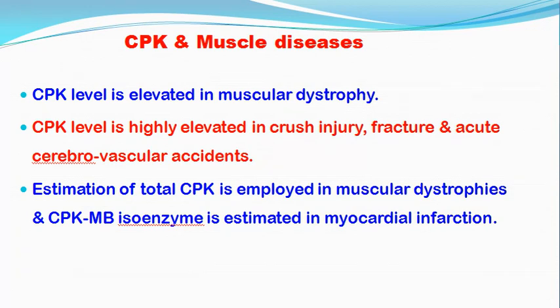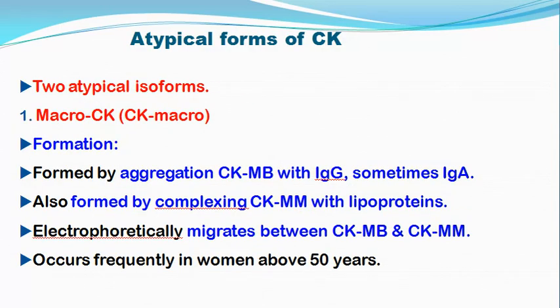In muscle disease, CPK level is elevated in muscular dystrophy. CPK level is highly elevated in fracture and acute cerebrovascular accidents. Estimation of total CPK is employed in muscular dystrophies, and CPKMB, the second one, is estimated in myocardial infarction. Now here are the atypical forms of CPK.